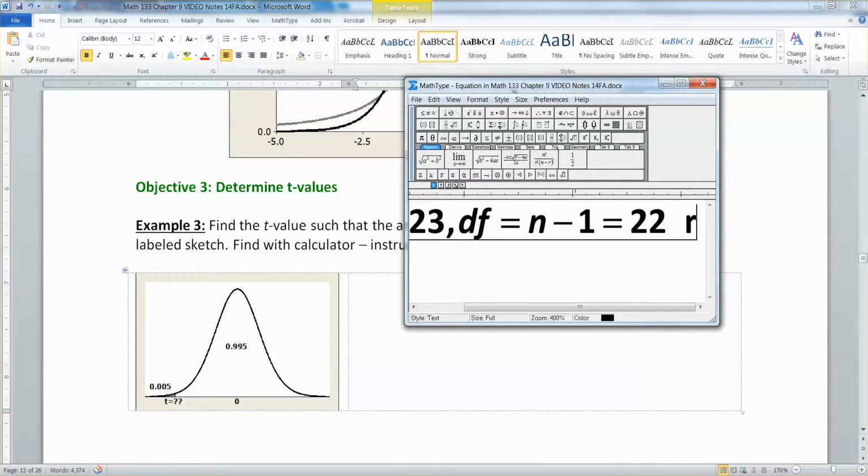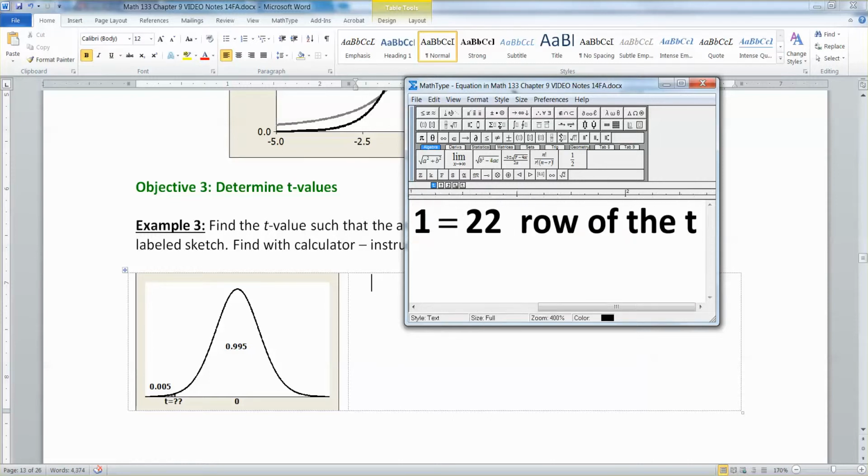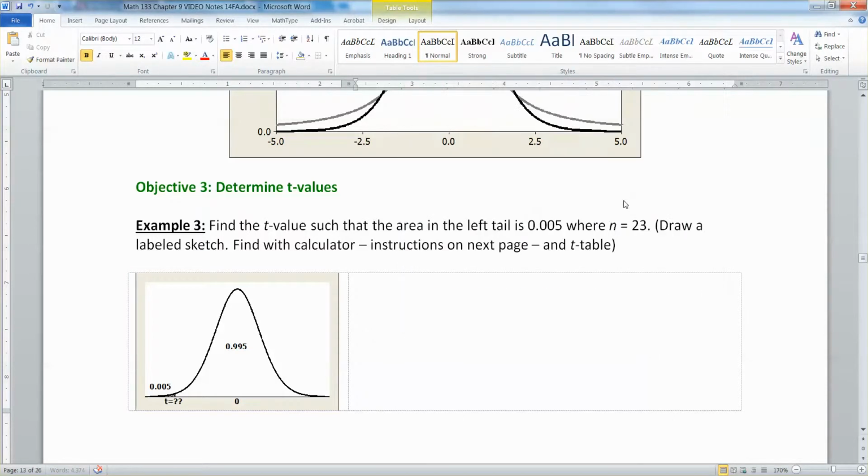This will be the row of the t-table. That'll make sense in a minute. Then we need alpha. Alpha is our area in the tail, which is 0.005.